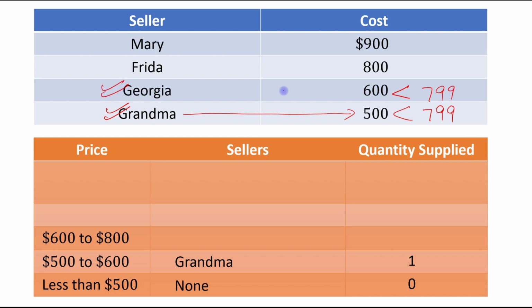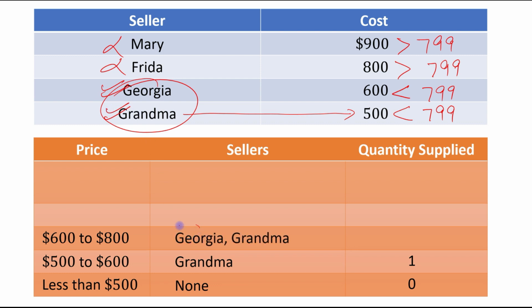But if we talk about Frida and Mary, they will refuse to sell their painting services. So there will be two sellers in this case, Georgia and grandma. And when there are two sellers, then the quantity supplied is 2. Clear?